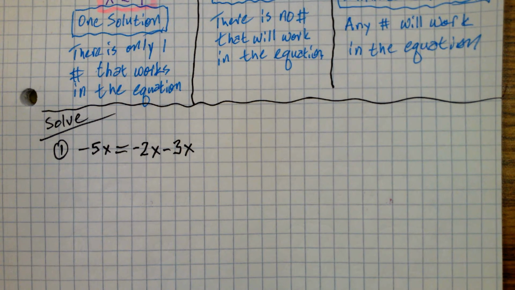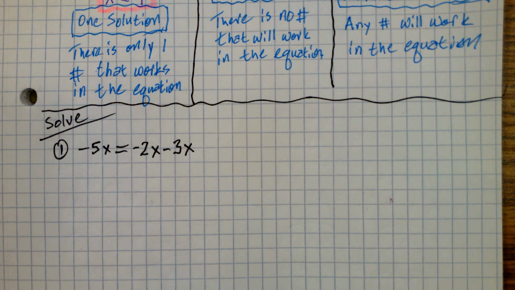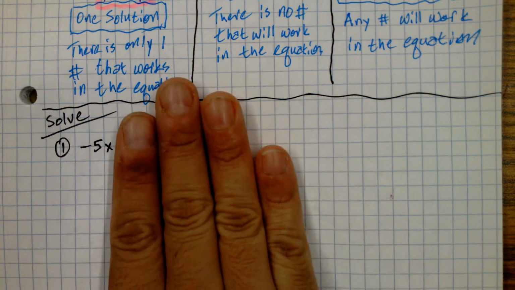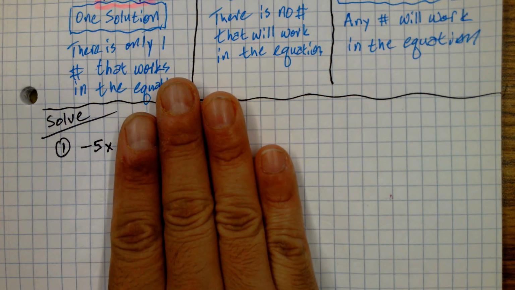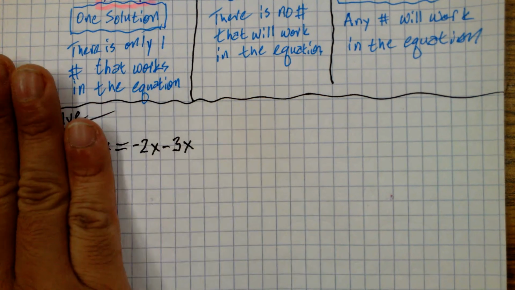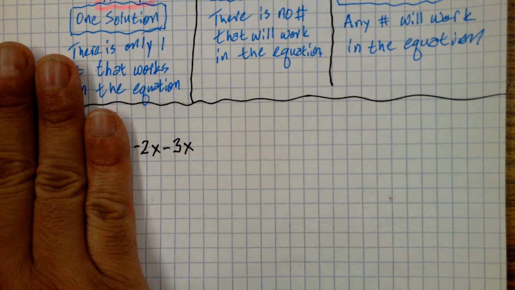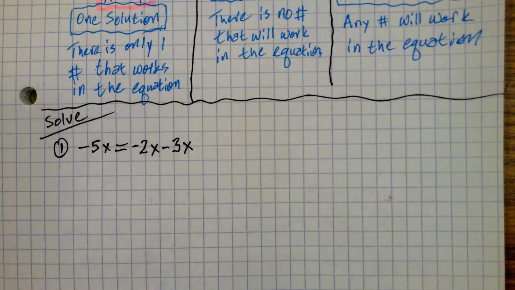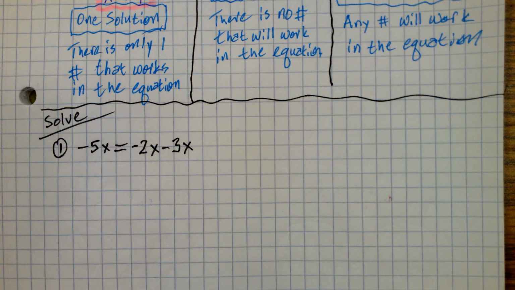Okay, number one. So we're going to solve. Number one, we've got negative 5x equals negative 2x minus 3x. Okay, so let's solve. I don't see anything I can do with negative 5x on the left. What can I do on the right side? Combine. I've got two things I can put together.